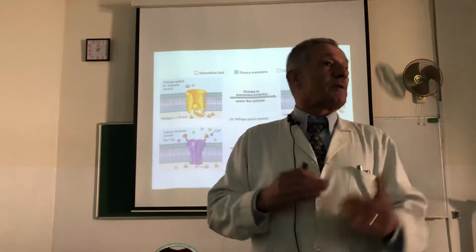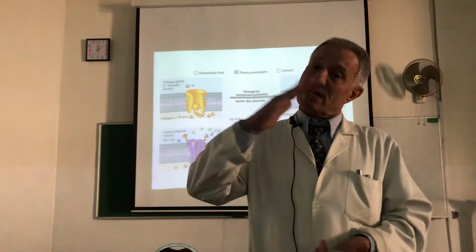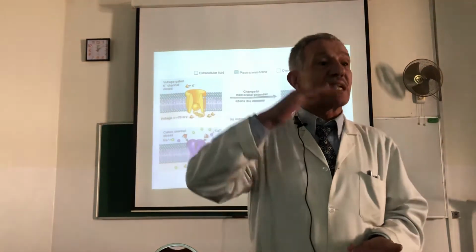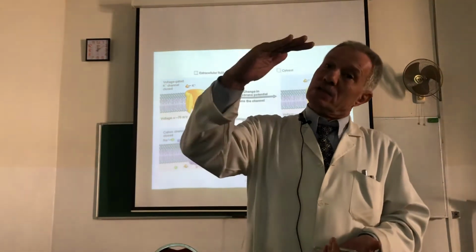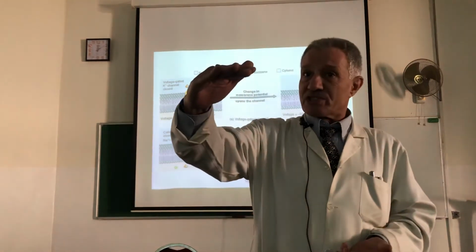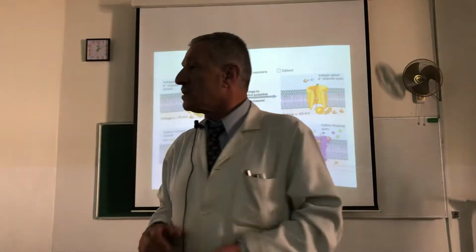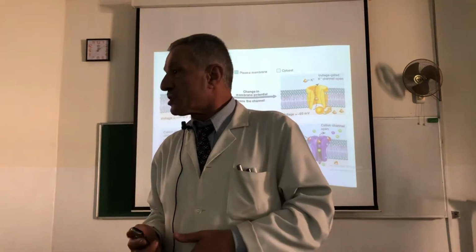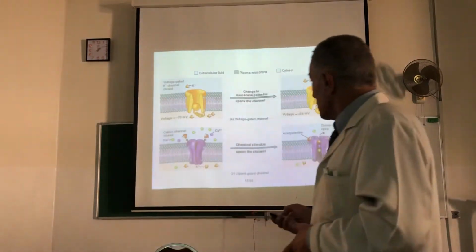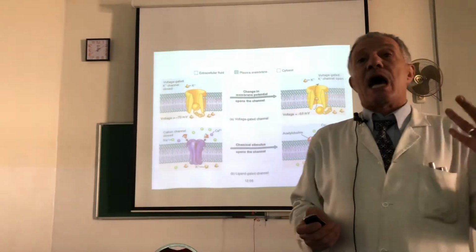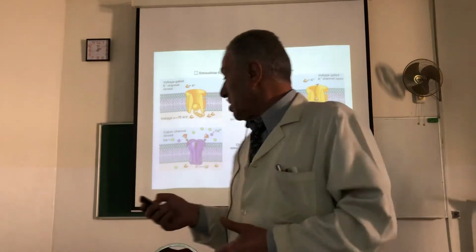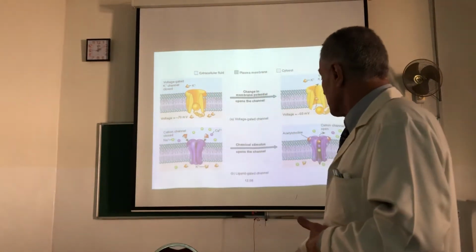So what is the property of these voltage-gated channels? Once the resting membrane potential has changed to a less negative potential, we can get activation of these channels. We will see their properties and what happens by activation of these channels.